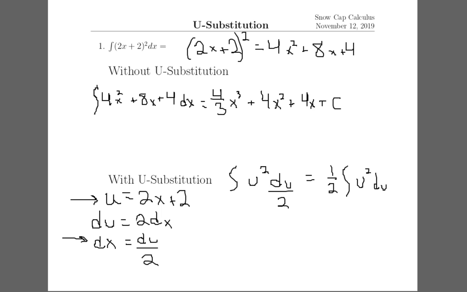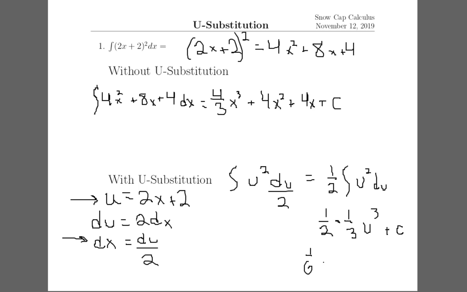From here, we'll just do an antiderivative real quick. So it'd be 1/2 times 1/3 u to the third. And then it is an indefinite integral, so we'll add that little c at the end. And then we multiply out our 1/2 times 1/3, we get 1/6.